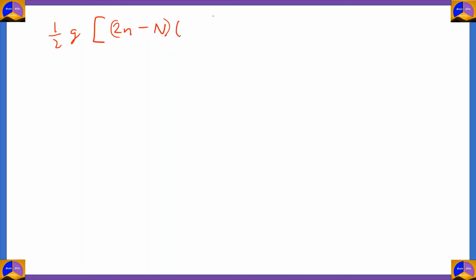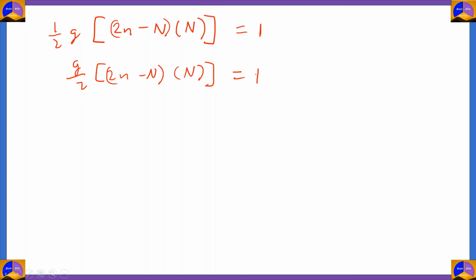In the other bracket, small n and small n get cancelled, and we have positive capital N. And that is equal to 1. So g by 2 into 2 into small n minus capital N times minus capital N is equal to 1.